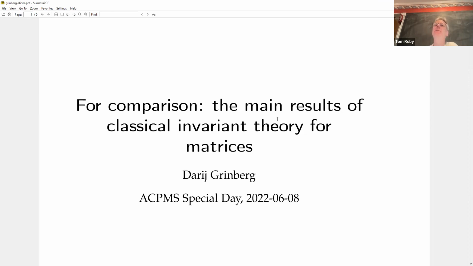Because this is all called crystal invariant theory, the name is because it is in a way imitating classical invariant theory, and the imitation is very liberal. It's not clear at all that you can derive one side from the other. So far, I think you cannot do anything like this. You can just be inspired by it. So I wanted to quickly go through the classical results that are similar to this diamond that Gabe has shown.